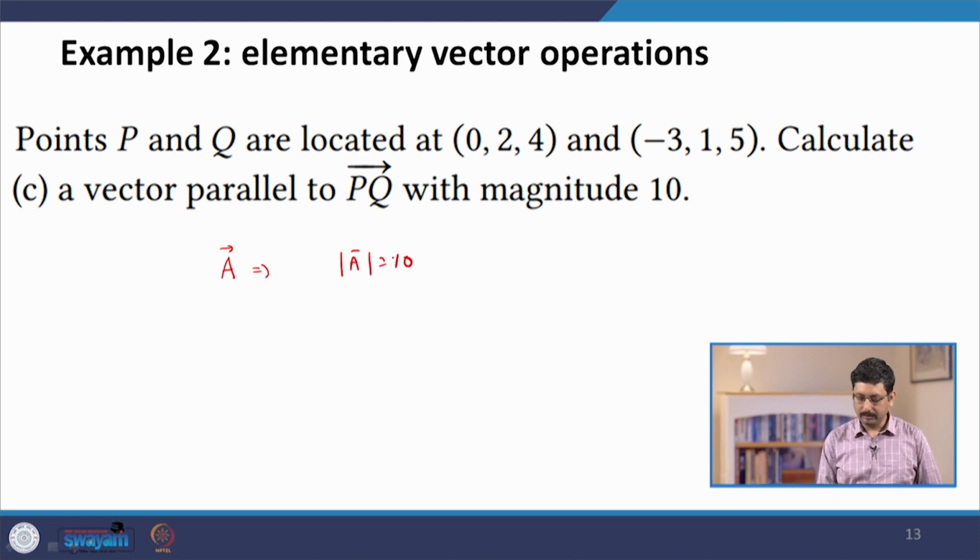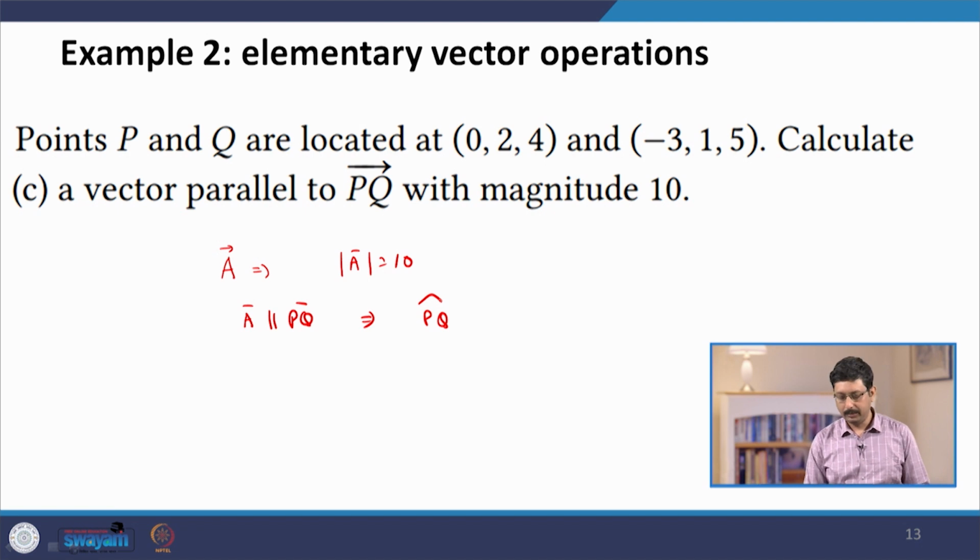The direction of PQ can be represented by a unit vector along PQ. So, the problem means that A is a vector whose magnitude is 10 and direction is along the direction of PQ, represented by the unit vector along PQ.